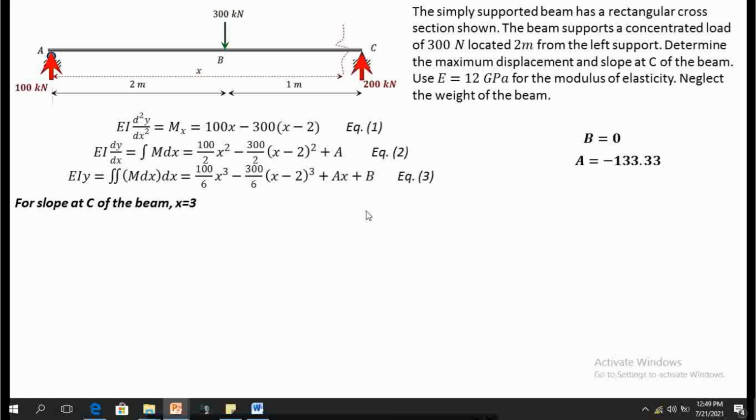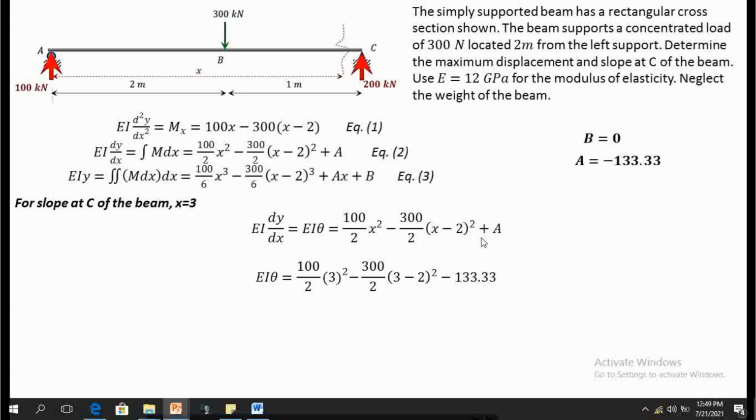For slope at point C, the value of my x is 3. So, in equation 2, substitute lang natin si x by 3. But, again, take note, kapag yung nasa loob ng parenthesis negative siya, i-ignore nyo yun. But, since 3 is greater than 2, walang problema.